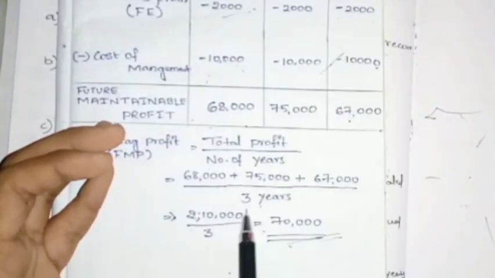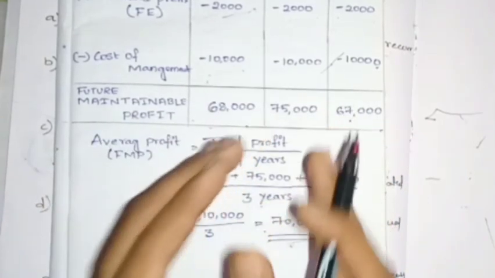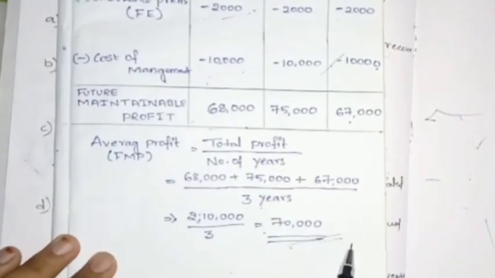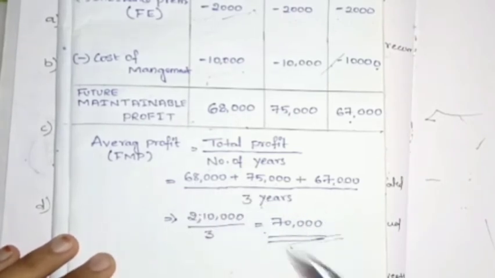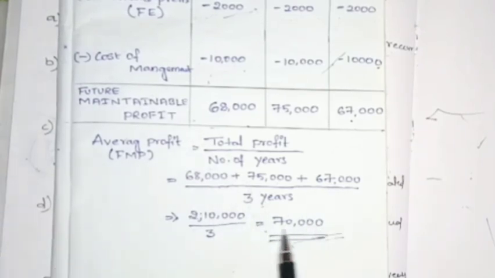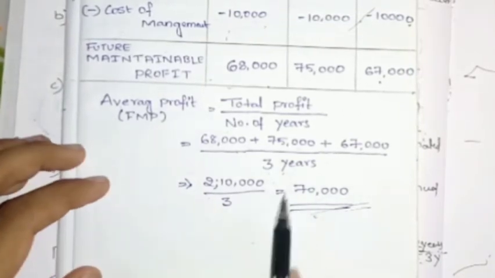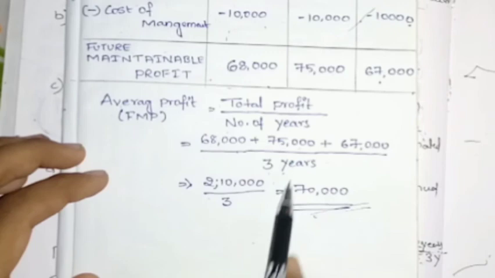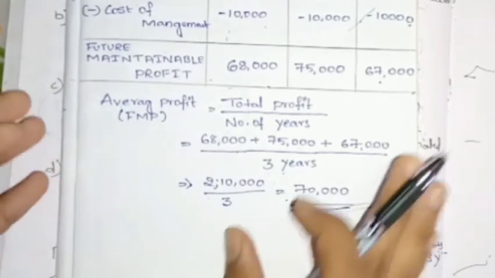That is 3 years. So after dividing, we will get 70,000. That is, 68,000 plus 75,000 plus 67,000 is 2,10,000, divided by 3 years is 70,000. So this 70,000 is the average profit, the future maintainable profit.